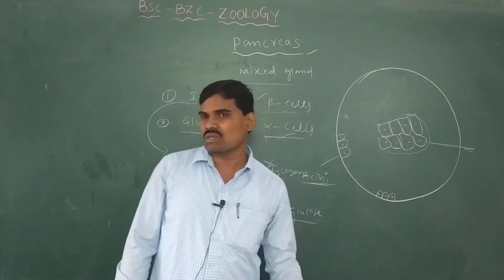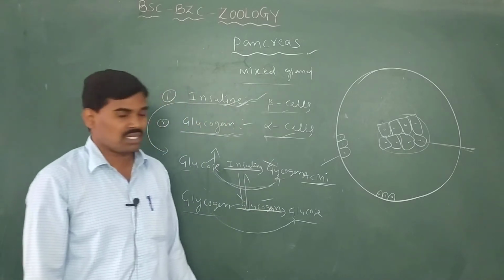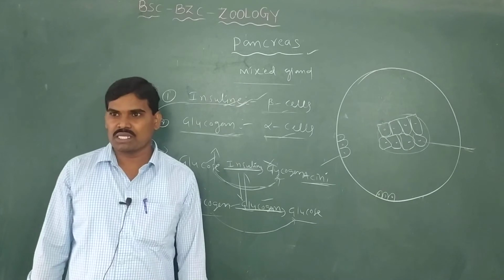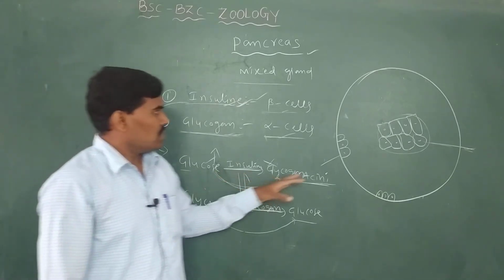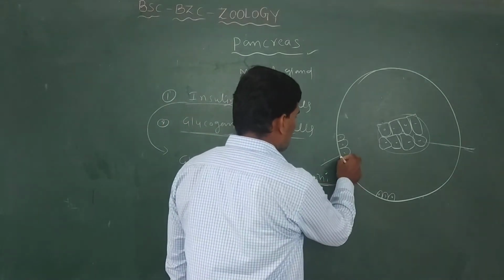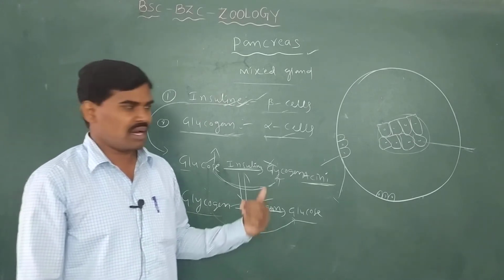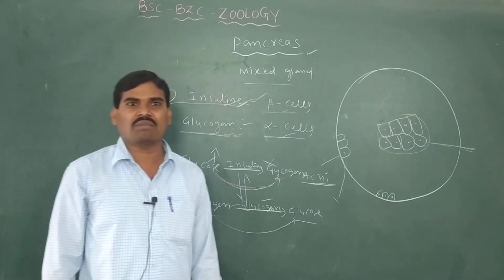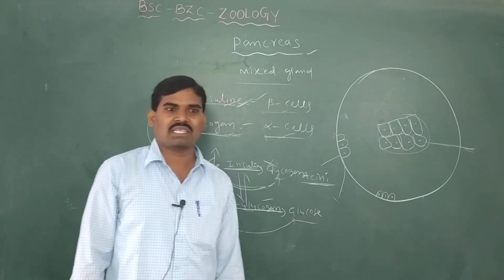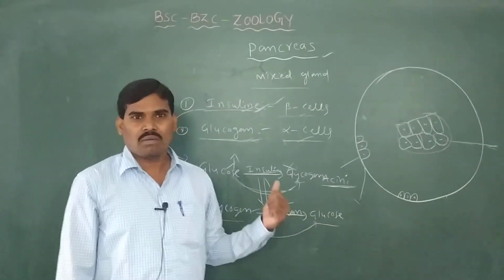The somatic cells, the F cells or pancreatic polypeptide cells: there are four types of cells in the pancreas. The pancreas has acini cells and islets of Langerhans cells. The acini cells secrete pancreatic enzymes: amylase, protease and lipase. These pancreatic enzymes are involved in the digestion of food materials.